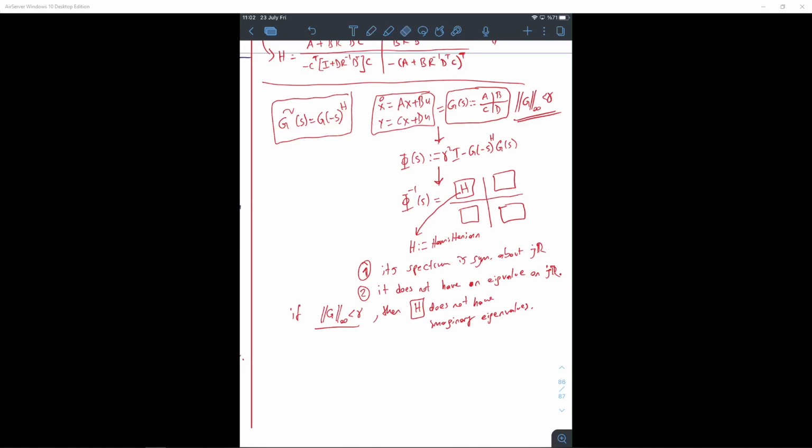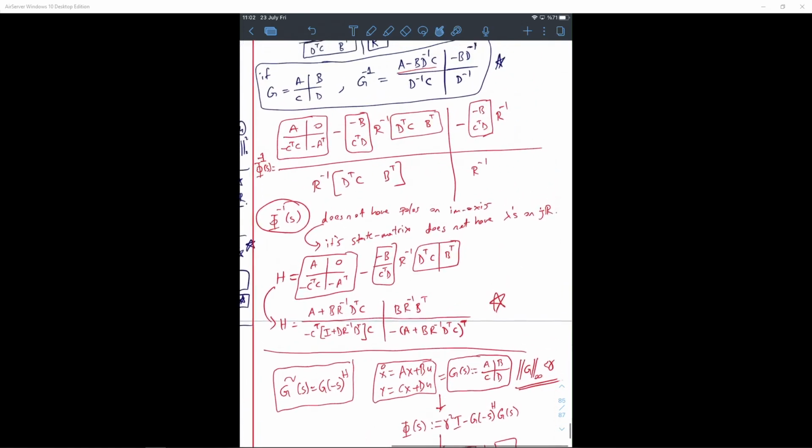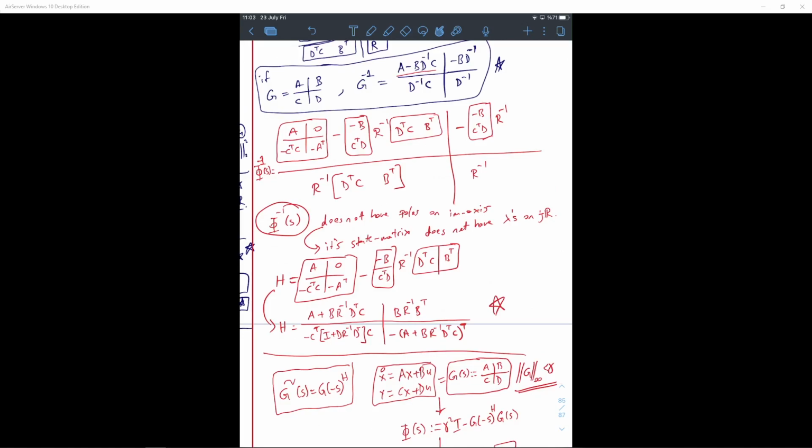Okay. Alright. How do we know this? I mean, we just proved it like a minute ago. Again, let's remind ourselves. Phi inverse doesn't have poles on the imaginary axis, which means its state matrix, which we call H, doesn't have eigenvalues on jR, the imaginary axis. Okay, that's great.